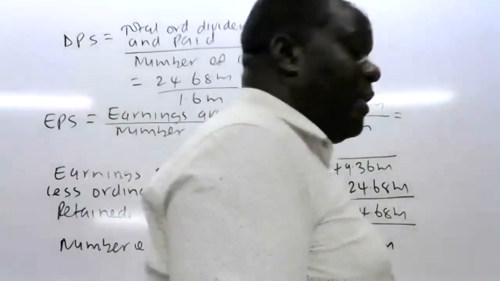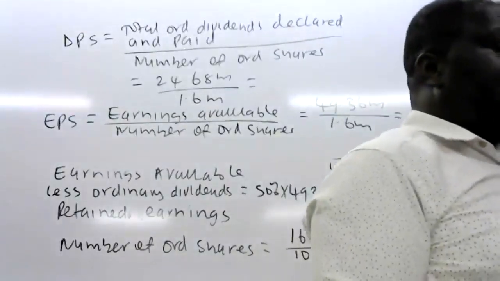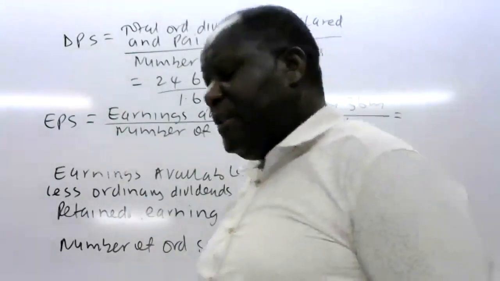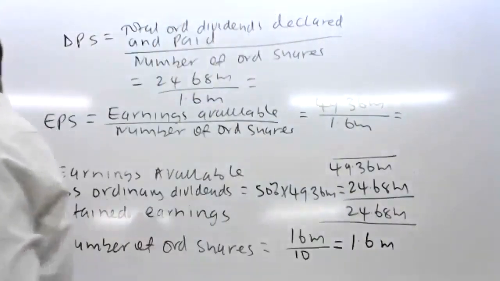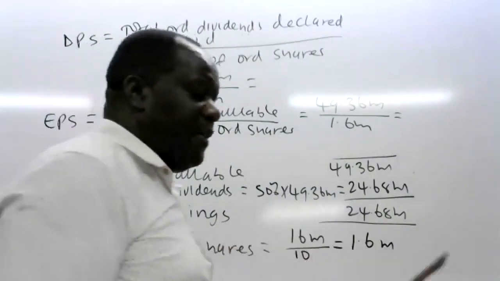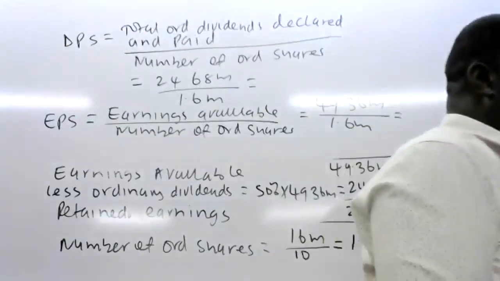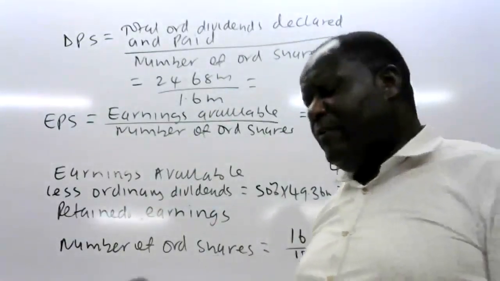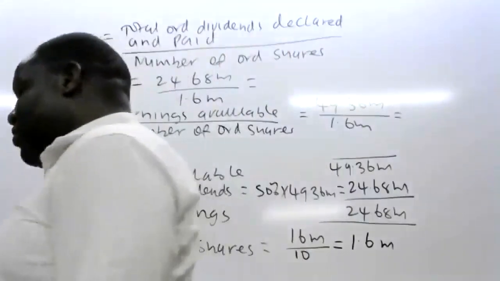Then they also gave you retention ratio as our F. To get the retention ratio, it is simply 1 minus the dividend payout ratio. Then the next one is the dividend cover. Dividend cover indicates the number of times ordinary dividend is paid out from the earnings available to the ordinary shareholders.